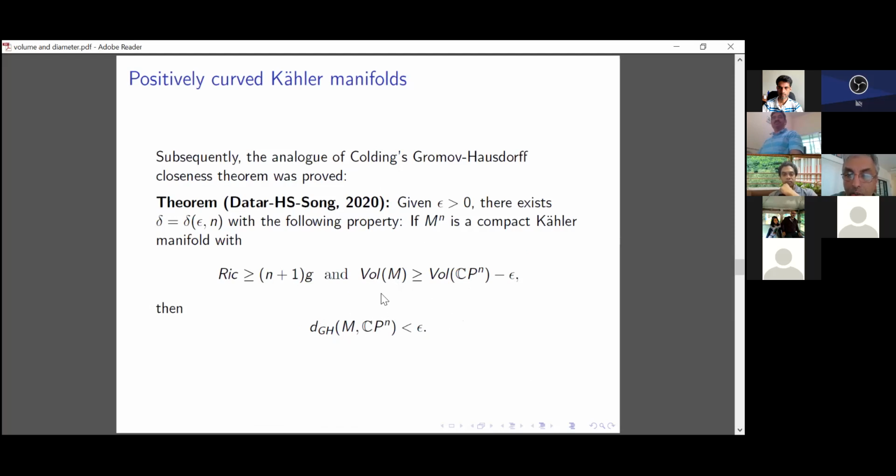The point is, you just take a limit. Assume that it's not true. You get a sequence of epsilons. Then with these conditions, you take the Gromov-Hausdorff limit and see whether you get a contradiction. Now, that's the heart of the analysis. You can say a lot about the limit, unlike the real case.